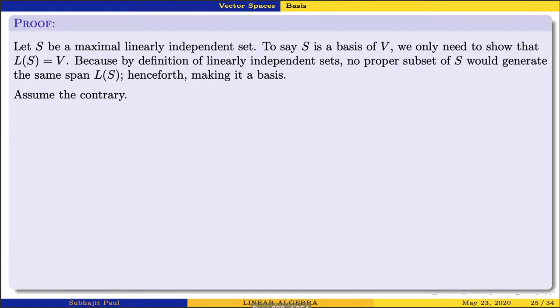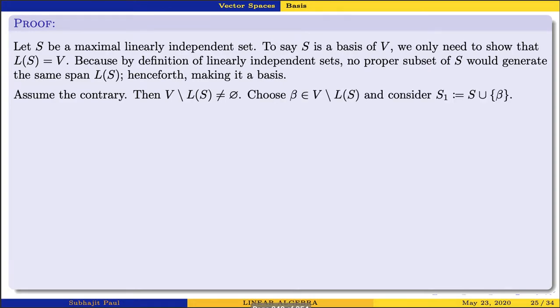Fine. Assume the contrary, so that V minus LS is not empty. So S is a maximal linearly independent set and it does not span V. So there exists some vector beta in V minus LS, and consider S1 as S union beta.